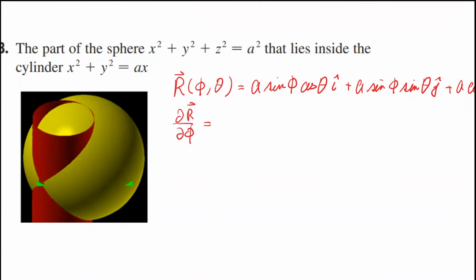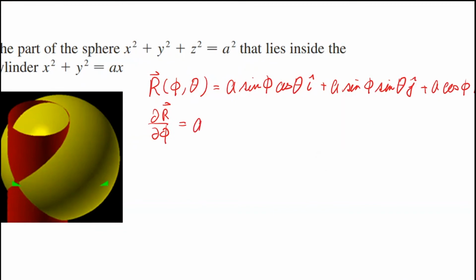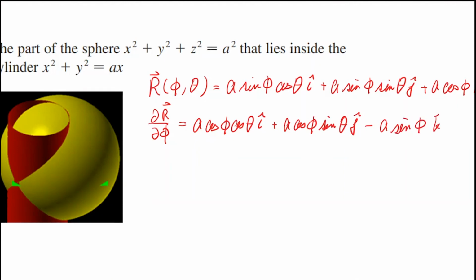Okay, this is then a cosine phi cosine theta i vector plus a cosine phi sine theta j vector, and this turns into negative a sine phi k vector. So far so good. Now partial with respect to theta.